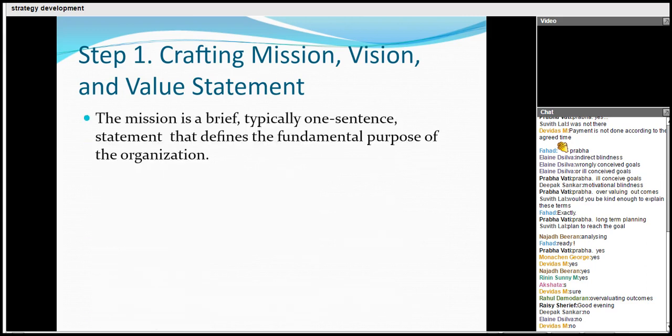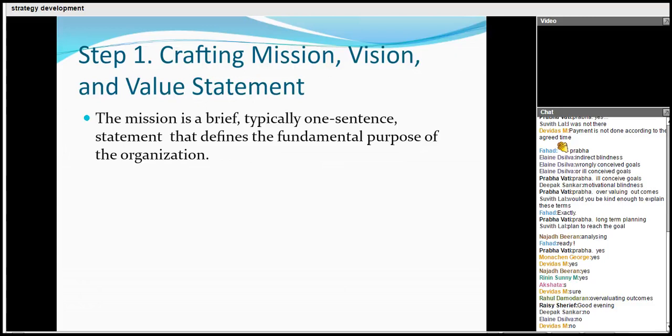Okay. Now, the mission is a brief, typically one sentence statement, though it can be more, that defines the fundamental purpose of the organization. That is the mission statement. It tells us the fundamental purpose of the organization.